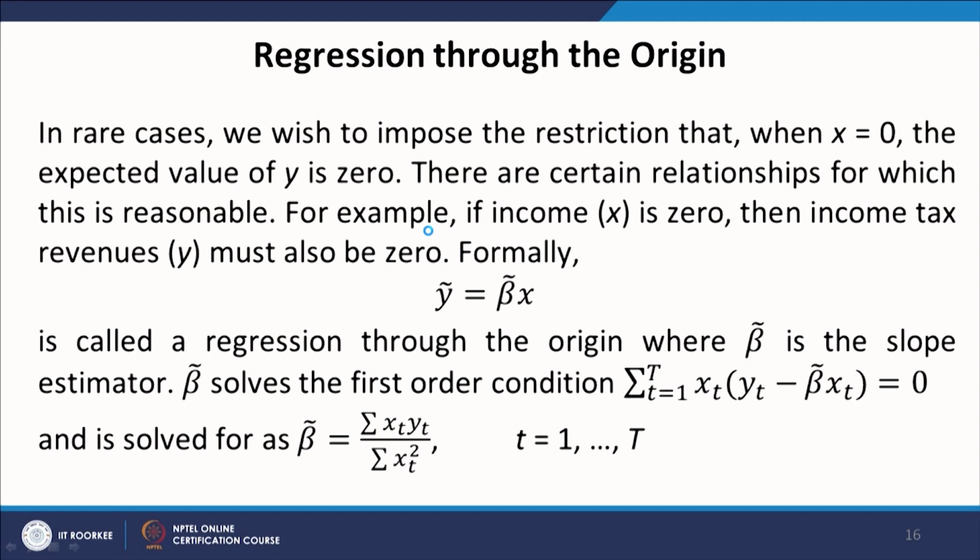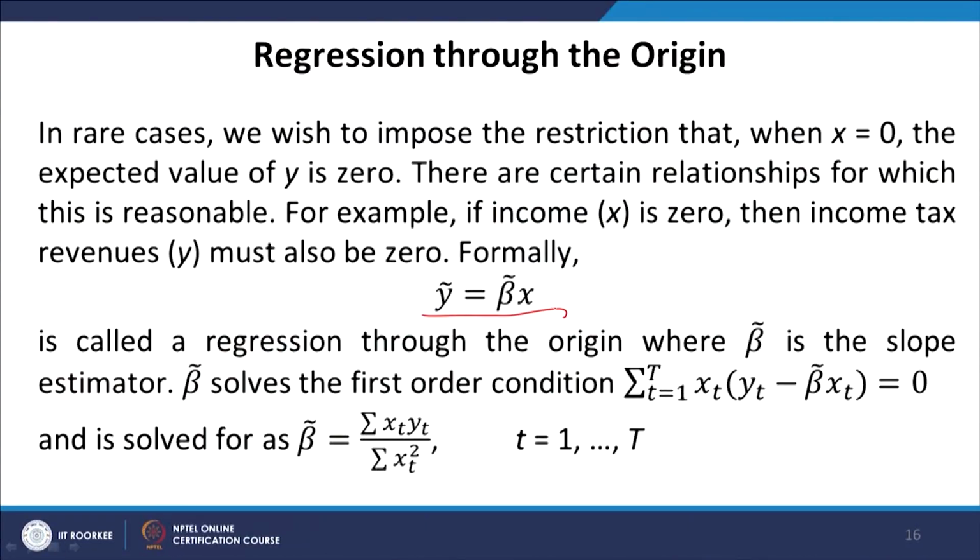For example, if income is 0, then income tax revenues must also be 0. So in that case we need not include an intercept or constant term. We simply write it as y tilde equals beta tilde x, and this is the deterministic component.